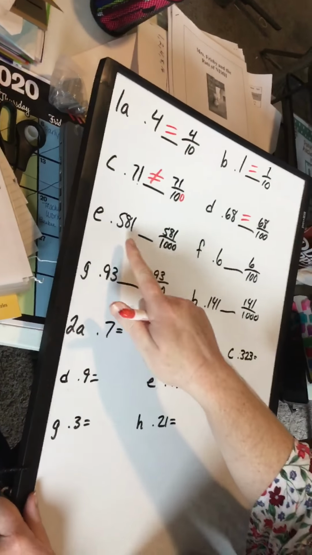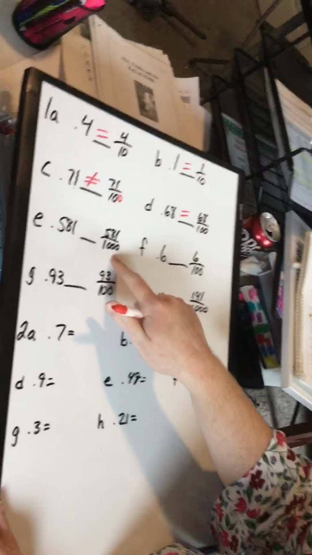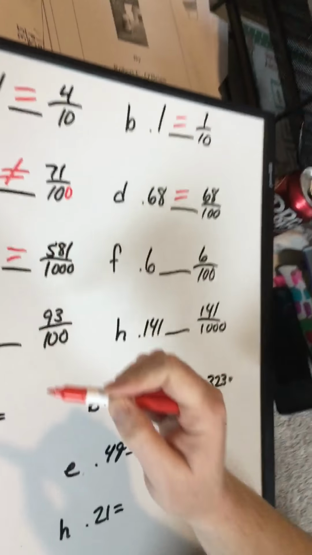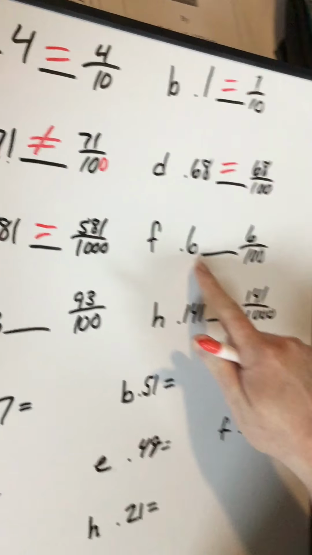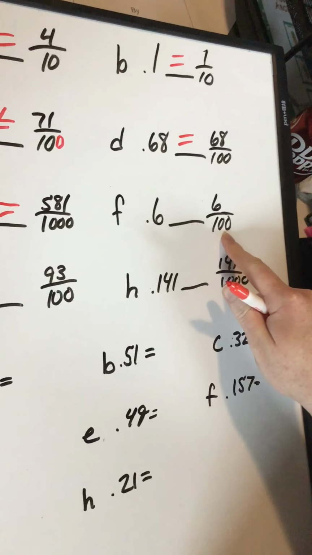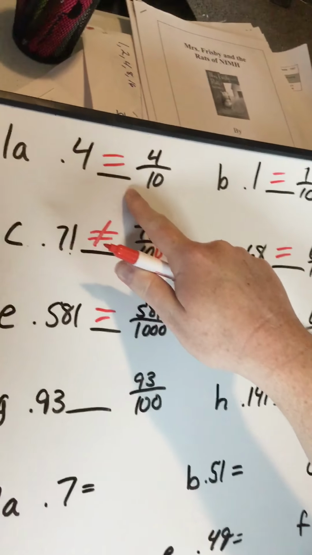Okay, now we have 3 numbers, which means we need to have 3 zeros on the bottom. So this one is equals. Okay, now we're back to one number, and this one has 2 zeros. Does that match our rule that we talked about on A?